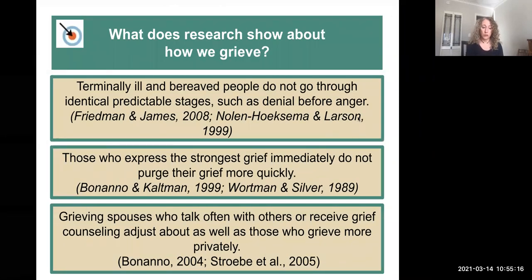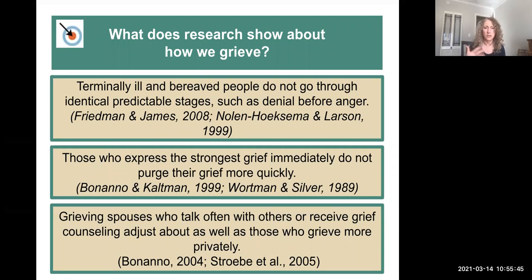And the last, we know that if we are going to talk about the lifespan, at the end of life is death. Think about terminally ill patients and how they respond when they first get the news that they are terminally ill. This is some of the information that we have. Terminally ill and bereaved people do not go through identical predictable stages, such as denial before anger.